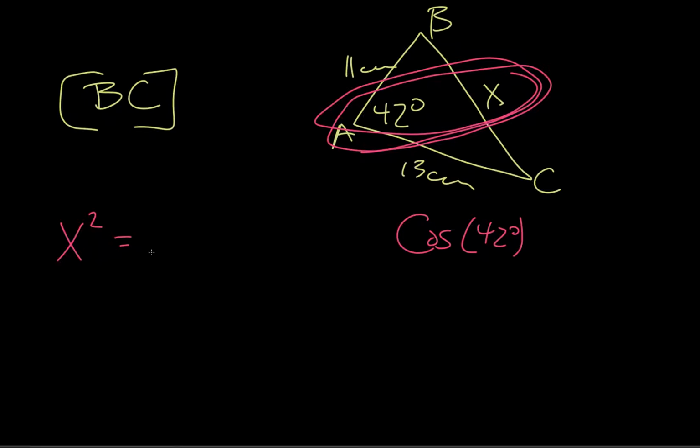Now, the other part of the formula doesn't matter. I can do 11 or 13 first, doesn't matter. So I'll say 11 squared plus 13 squared minus 2 times 11 times 13, and then I finish out that formula. Okay? Now, we need to solve for x, so really what we could do is just square root both sides, plug all of that into a calculator, and call it good.